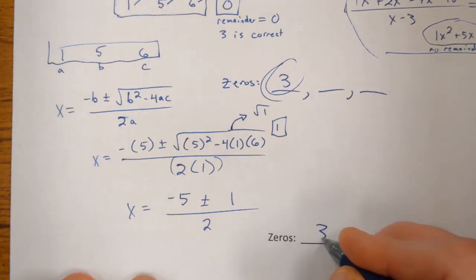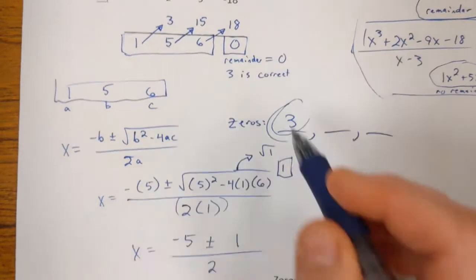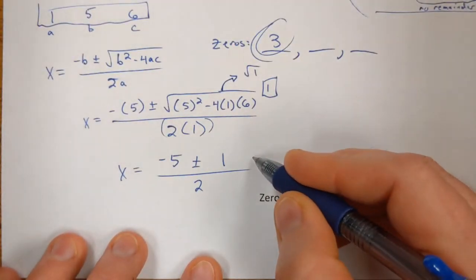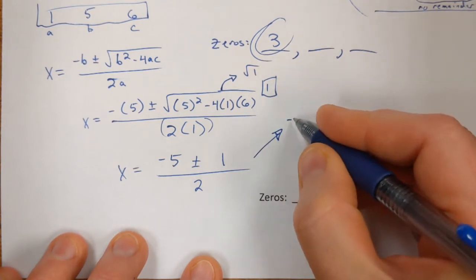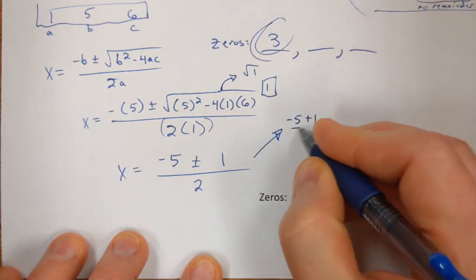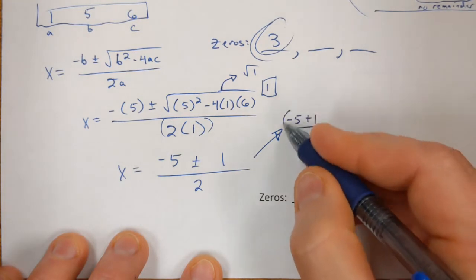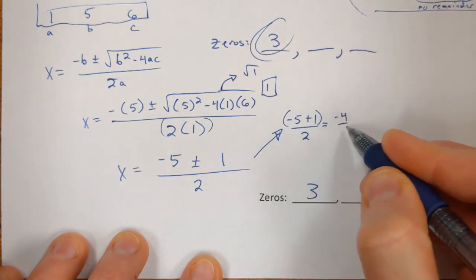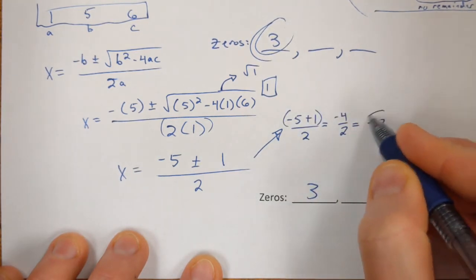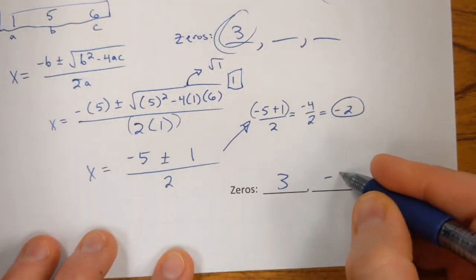All right, so we already had our first answer was 3. We got that from the synthetic division. But then this quadratic formula will give us our last two answers. If we do negative 5 plus 1 divided by 2, that answer comes out to negative 2.